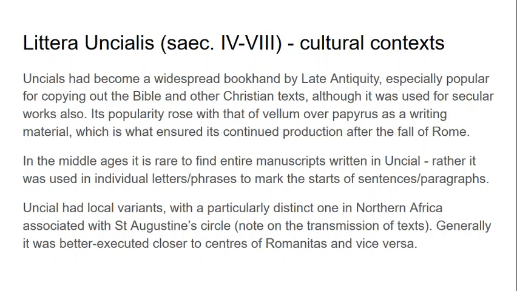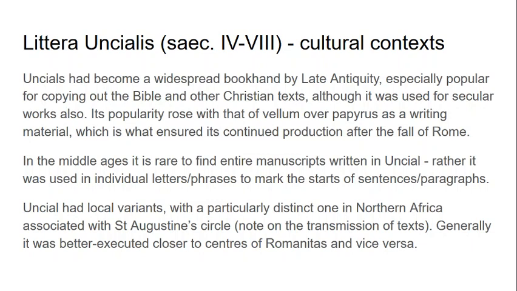And Uncial has local variants which you can use to identify specifically where an Uncial manuscript was likely written. There is a particularly distinct North African school which is associated with St. Augustine of Hippo's circle. And we can sometimes use this to identify the transmission of texts, such as Augustine's texts, to the rest of the Western world.